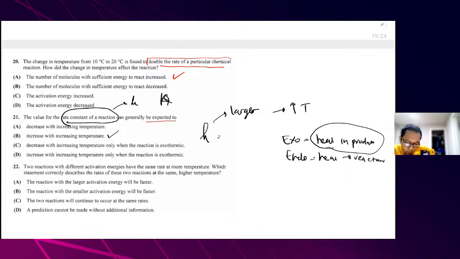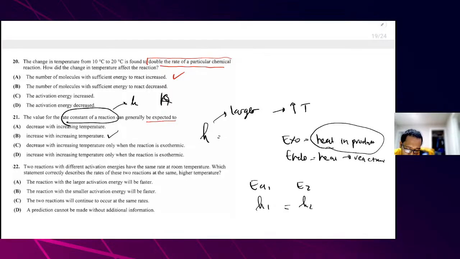Yes, good. Reactions with different activation energy have the same rate at room temperature. The reactions with different EA have the same rate, K1 and K2 are the same. Which statement correctly describes the rates of these two reactions at the same higher temperature?